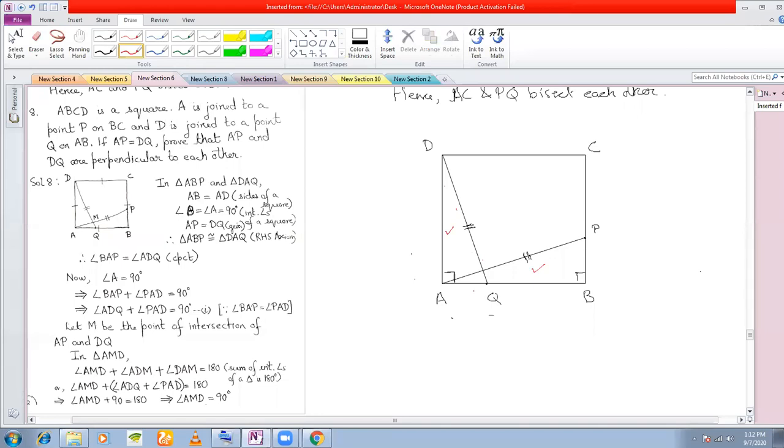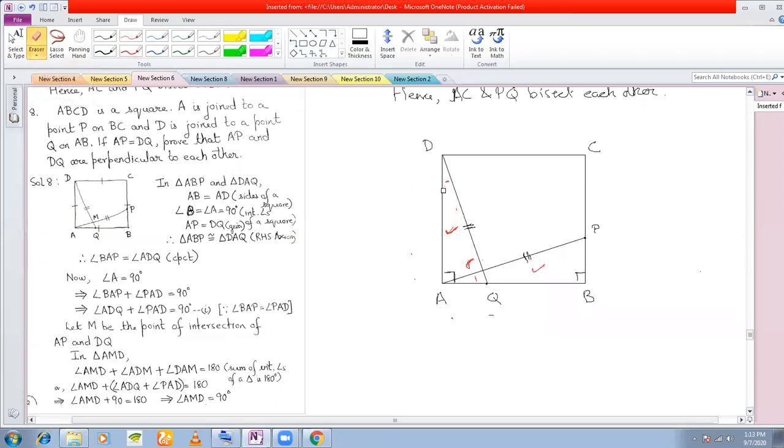Then a little bit of algebraic manipulation is there which I cannot explain here in the diagram. The first thing you need to show is that these two triangles are congruent, because I want to show that this angle is equal to this angle. That is my main objective. Next, how to manipulate a little algebraically and bring this angle into the picture, I will show you in the next class.